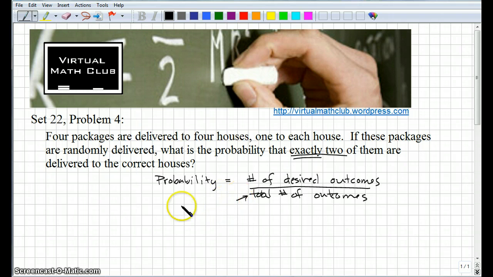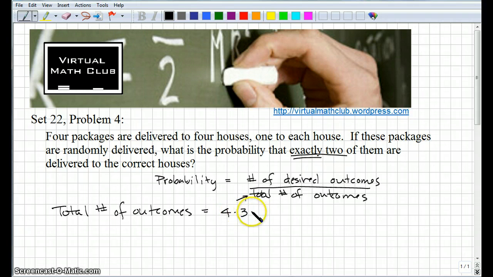Well, he's got 4 packages and 4 houses. So how many ways can he deliver the packages to these 4 houses? He's got 4 choices for the first package, right? He's got 4 houses he could deliver it to. Then he delivers the second package to one of the other 3 houses, so he has 3 choices.